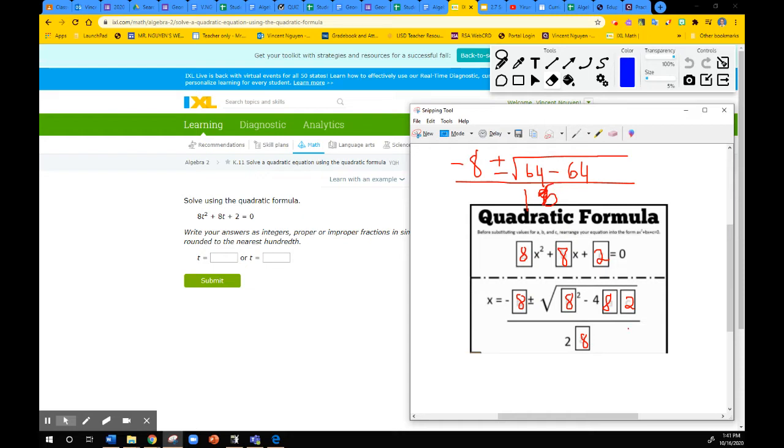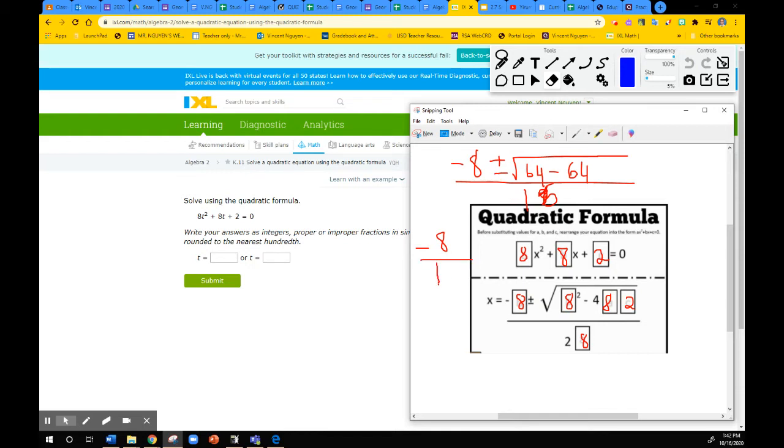So this is 0, so I know I'm just going to have one solution. Okay, so if the discriminant is equal to 0, then I have one real solution, which is negative 8 divided by 16. The reason it's one solution is because if you add or subtract 0, it's the same number.